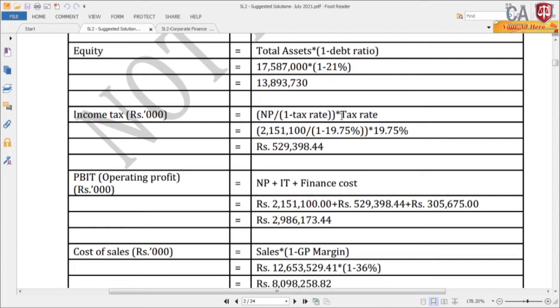So if you know the profit before tax is 100, your tax is 19.75 in the P&L, and your profit after tax will be the balance, 80.25. So on the profit before tax, you calculate 19.75 taxation, and profit after tax will be 80.25. So we know the profit after tax, and we can calculate the profit before tax.